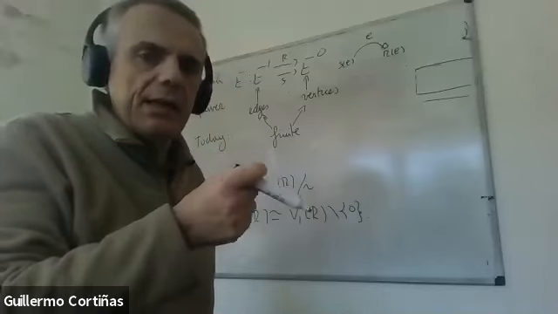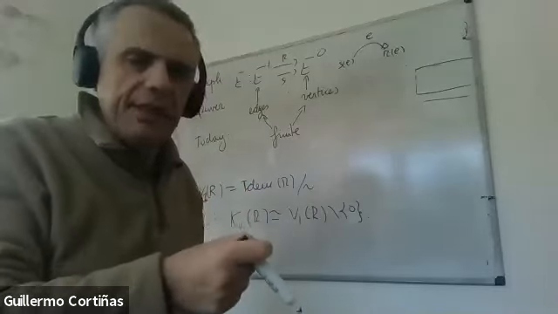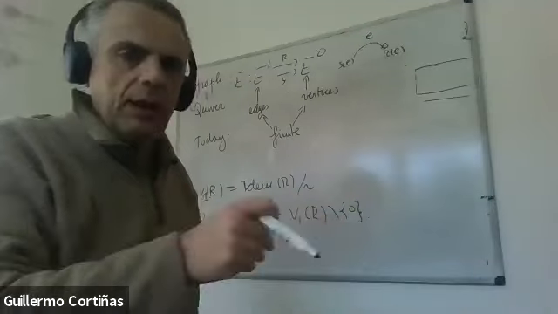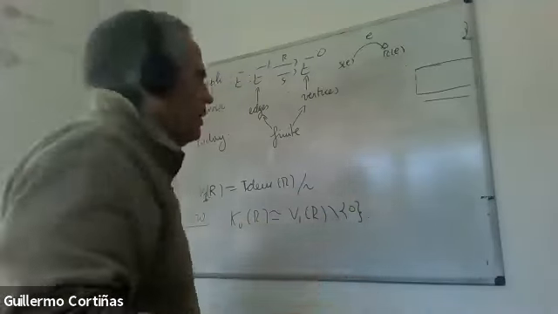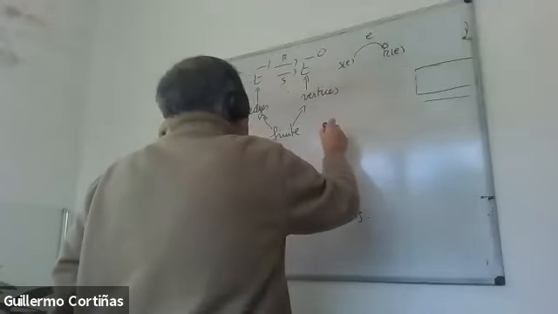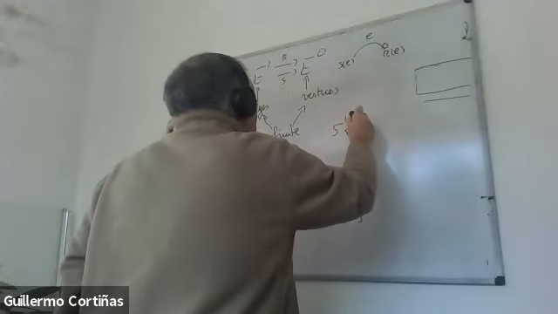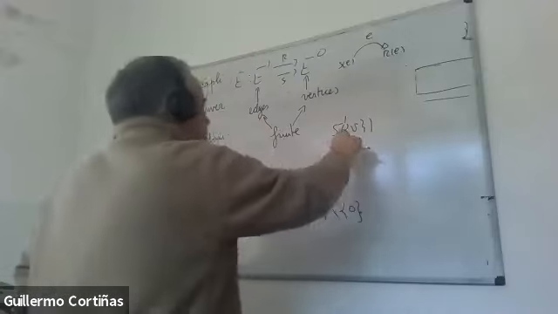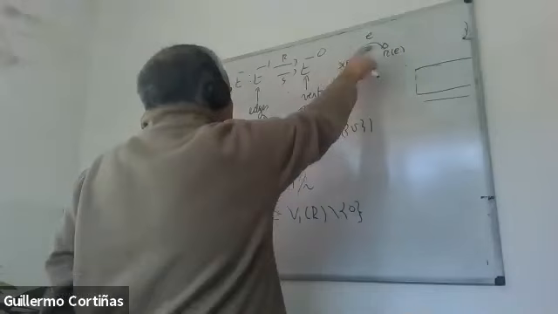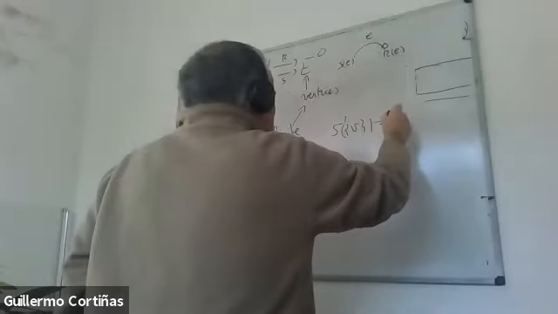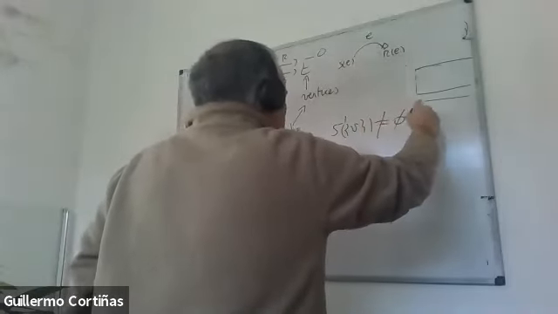A sink is a vertex that emits no arrow. So I will insist that every vertex emits an arrow, and that means that the inverse image of every vertex, which consists of the arrows coming out of that vertex, is non-empty for every vertex.